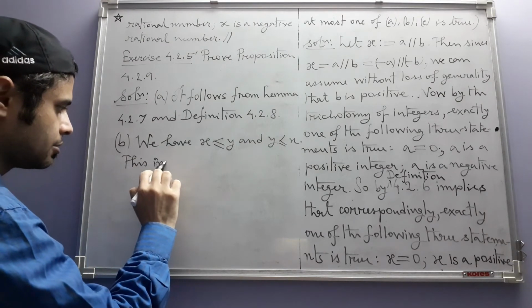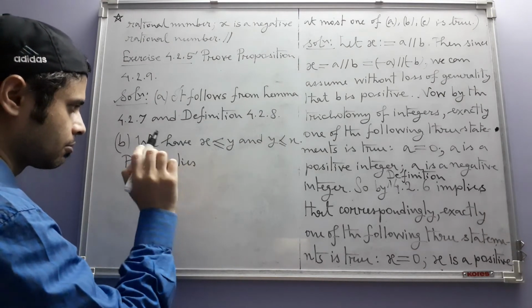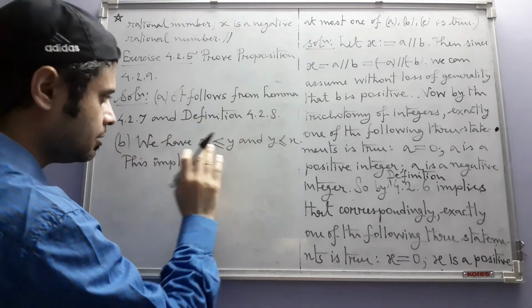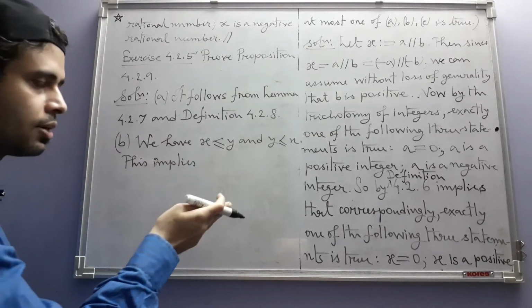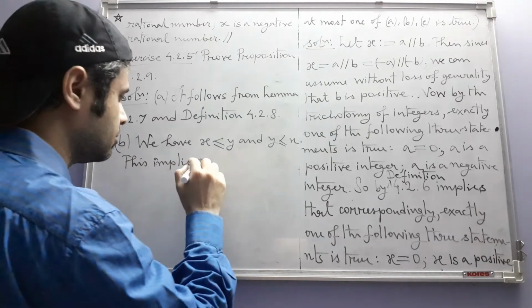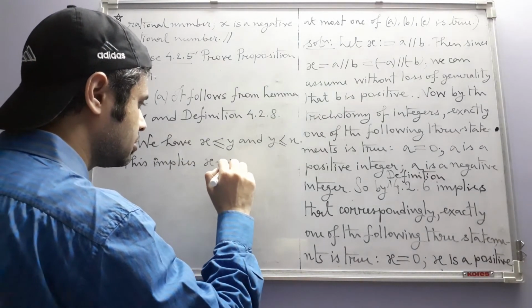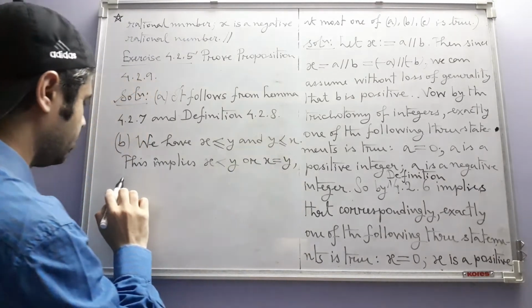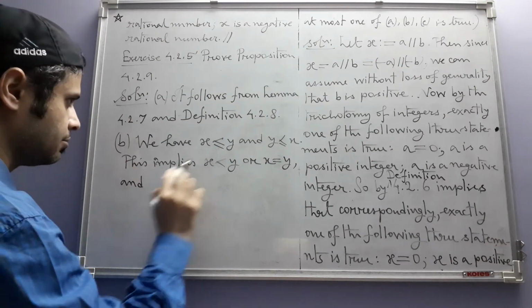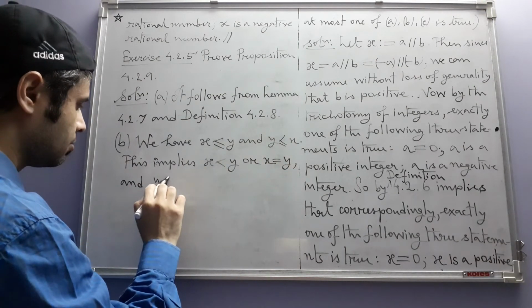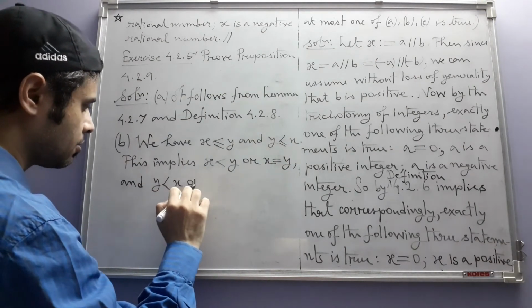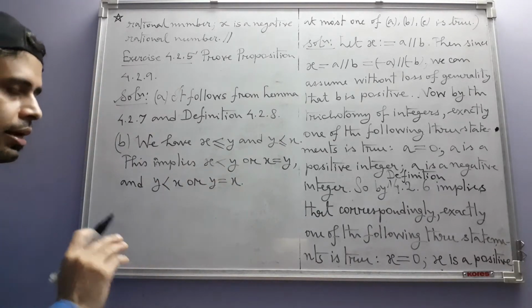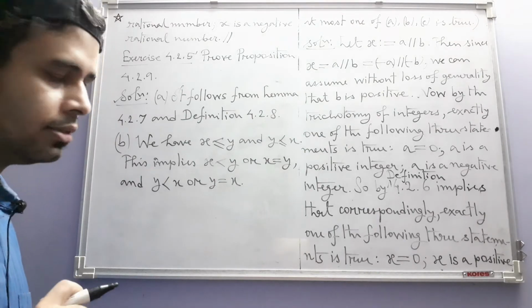According to definition 4.2.8, this means either x is less than y or x is equal to y. So x is less than y or x is equal to y, and at the same time this one implies y is less than x or y is equal to x. Antisymmetry asserts that x is equal to y.